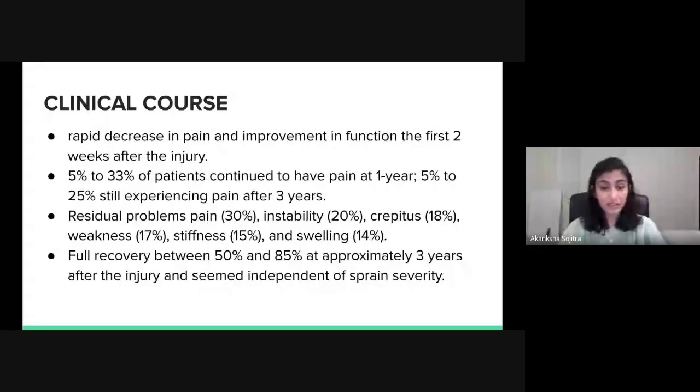These are the things that you can see over a period of time, which eventually lead to chronic ankle instability. Full recovery is expected at approximately 50 to 85% at 3 years after the injury, and it's independent of the sprain severity. So if you do not go through a proper rehab, there is a high chance of getting into chronic ankle instability.